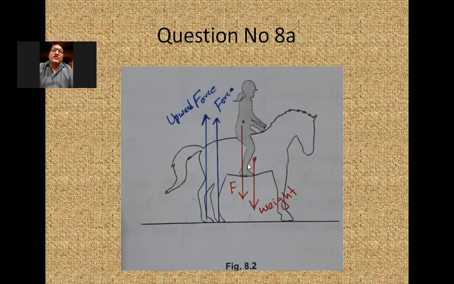The rider's weight is acting here on the saddle, on the horse. Here, the horse will be pushing the earth downward, and the earth will be reacting here. So the force of reaction from the earth is here. These are the forces which are acting on the horse, and this is how you will show them. It's a 3-mark question.